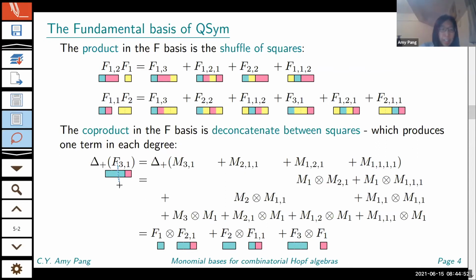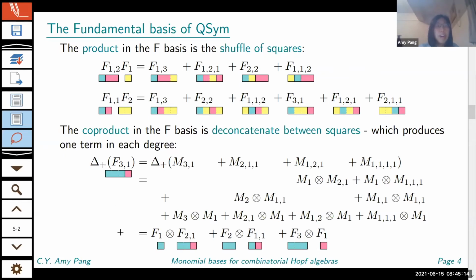If I cut off the 2 squares, it gives me degree 2 and degree 2. And then I can cut off the 3 squares, which gives me degree 3 and degree 1. This will always be true no matter what composition I have here. I will always get 1 term in each degree.